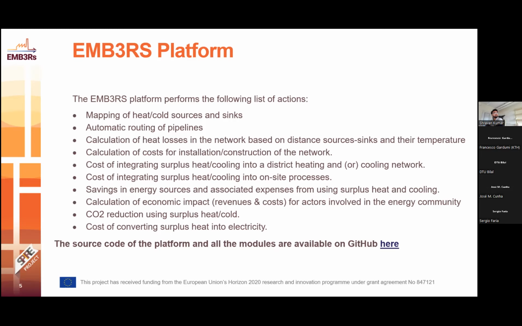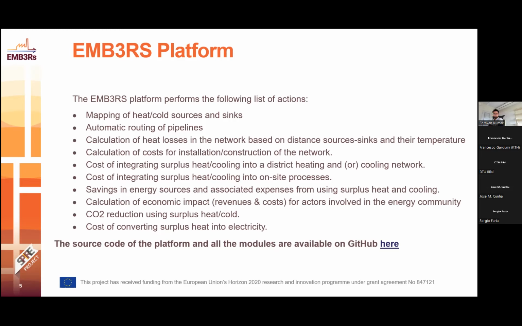We also analyze options such as organic Rankine cycle for some excess heat streams that you might have, or some simple pinch analysis to assess internal heat recovery options for industrial users, of course.